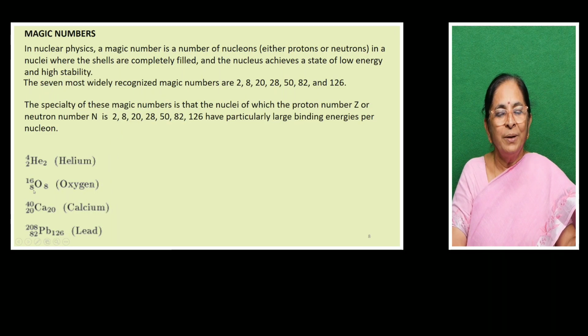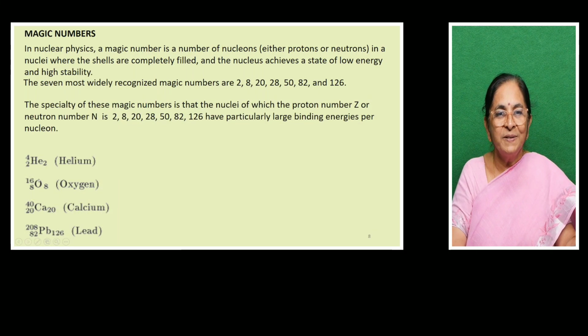Here you see oxygen. The mass number is 16, so out of 16, 8 will be protons and 8 will be neutrons. Once again you can see the second magic number. If the proton number or neutron number or both is equal to a magic number, those elements will be highly stable.